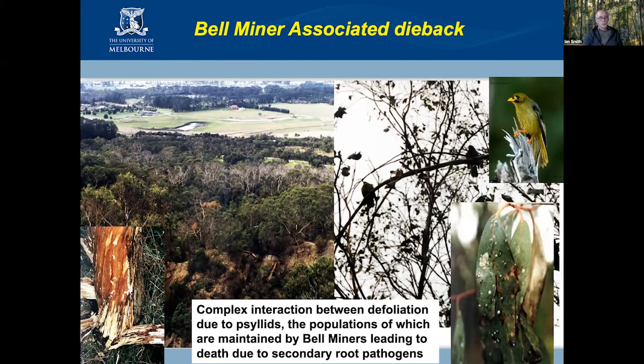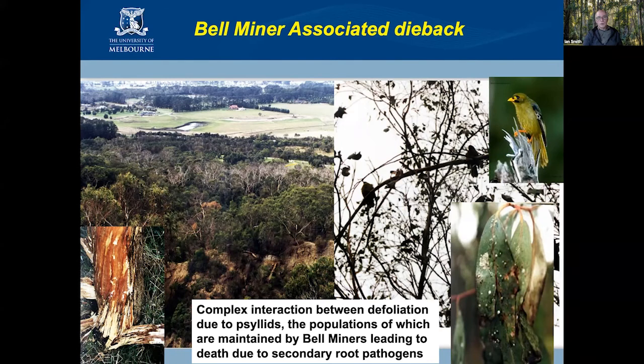We get massive understory growth of weeds, and the bell miners love these things. They build their homes in the tops of this vegetation, and then proceed to farm psyllids on the eucalypts, and these psyllids then cause defoliation of the trees.